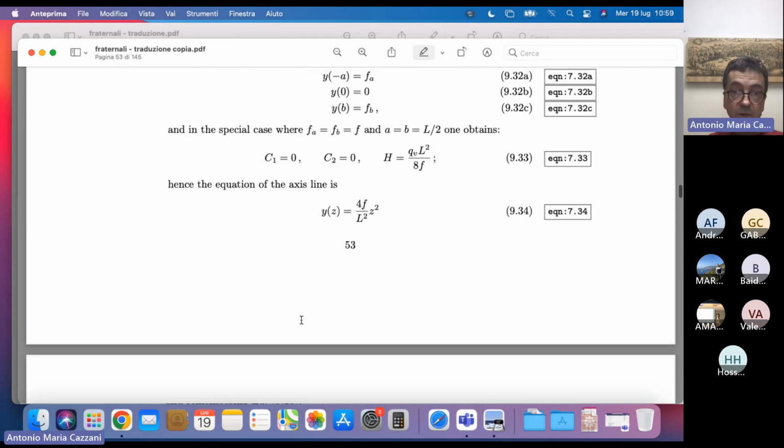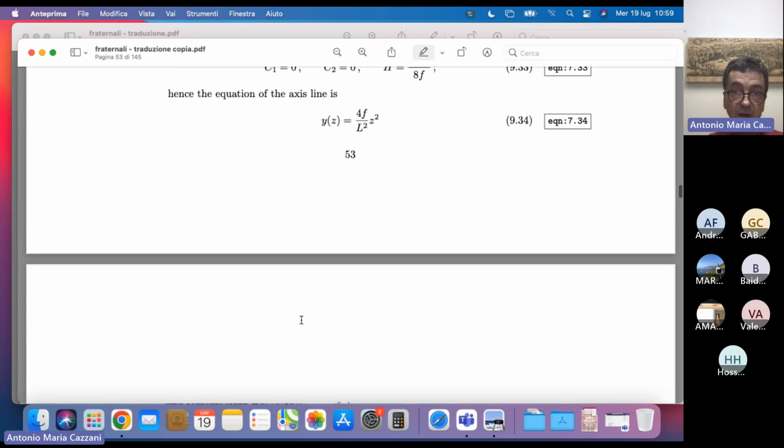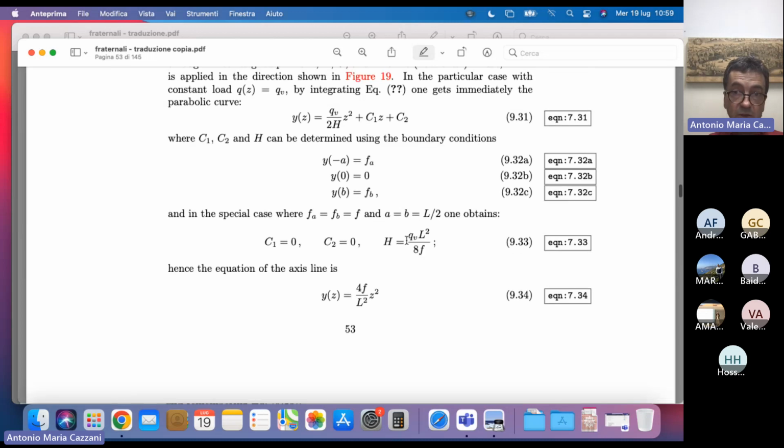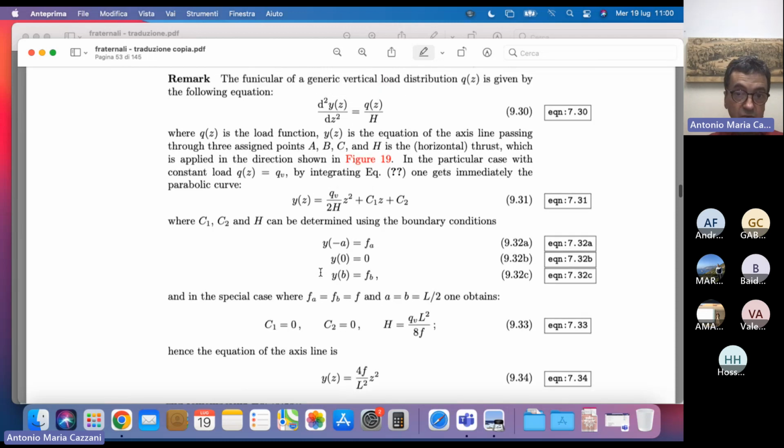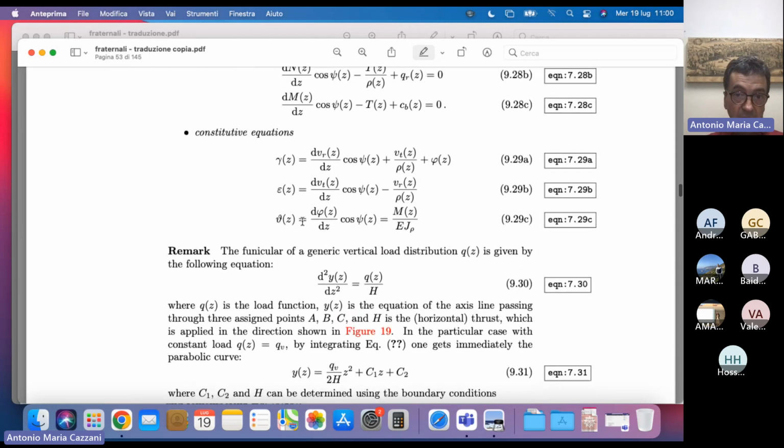And so we can devise a parabolic arch which, for a given value of Qv, has only this shape. In this way, we are sure that an arch which has exactly this shape will be subjected only to axial load and not to bending moment.